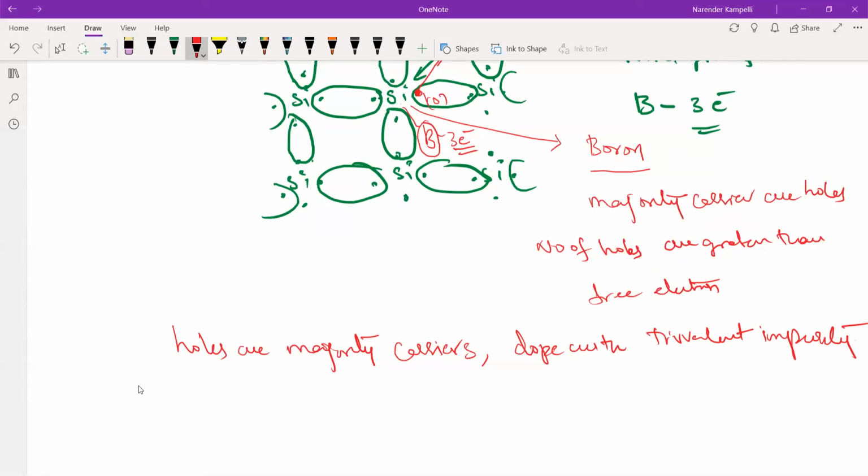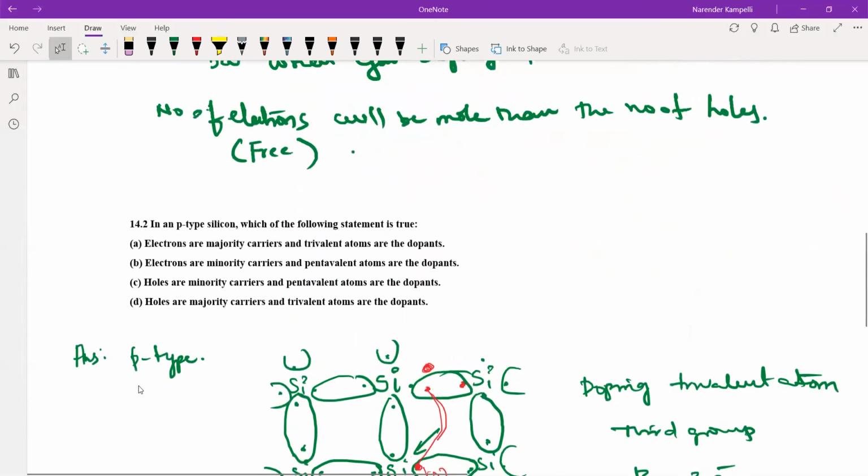So the answer is, for p-type silicon, the option saying electrons are majority is wrong. Holes are minority carriers is wrong, so these two are wrong.